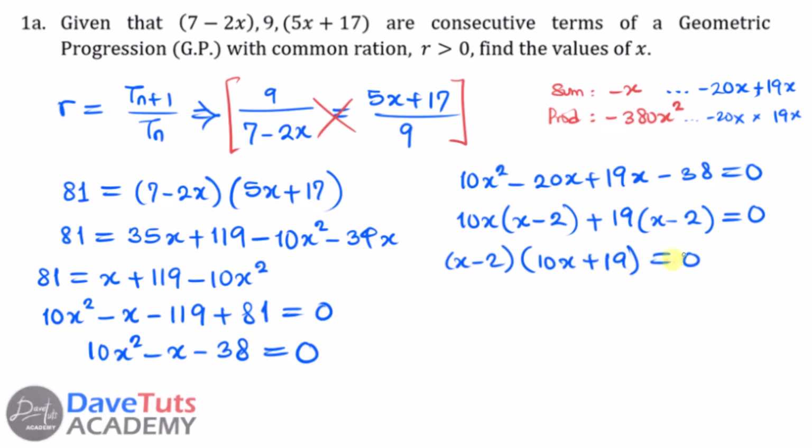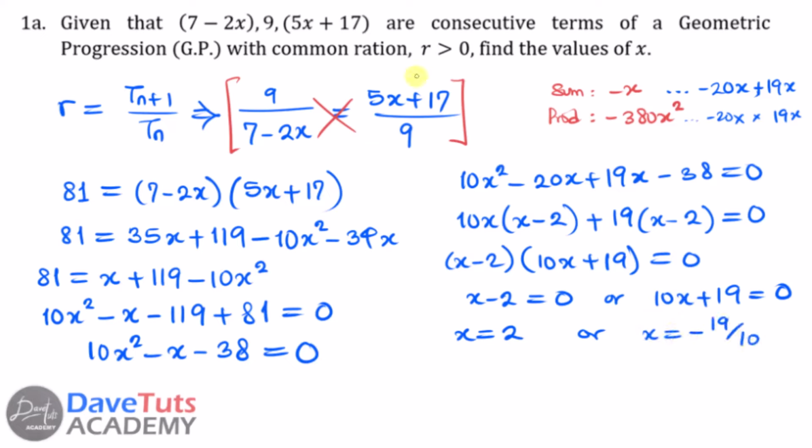So this is 0, such that x minus 2 is equal to 0, or 10x plus 19 is equal to 0. If I solve this, here x will be 2, or here it will be minus 19 divided by 10. x will be minus 19 over 10.